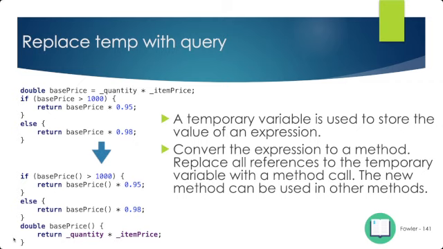Maybe it's a strange method of refactoring when we replace our local variable with a call of a method. And inside this method, I will just count the base price. I will call quantity multiplied by item price.